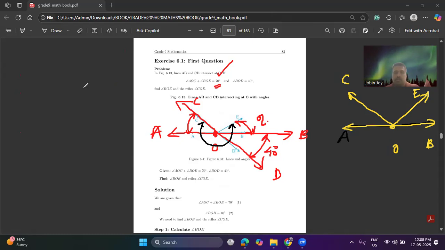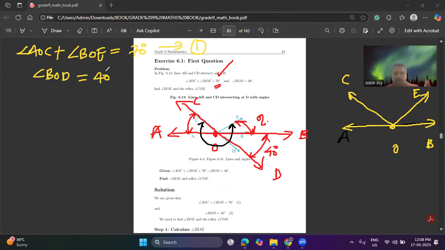So it is given that angle AOC plus angle BOE is equal to 70 degree. I am writing this as equation number 1. Then angle BOD is given, that is equal to 40 degree. That is equation number 2.